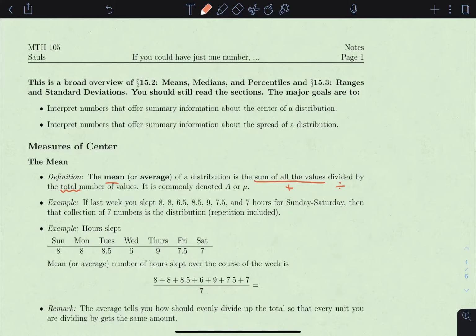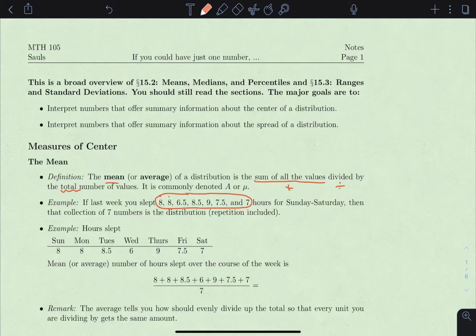The example we're going to run with for a bit is hours you slept in a week. If over the course of one week, a Sunday to Saturday week, these are the number of hours that you slept per night, that list of numbers is the distribution. You note that 8 is in there twice. That's fine. Repeats are fine. We can organize those into a table like we do here, just for simplicity.